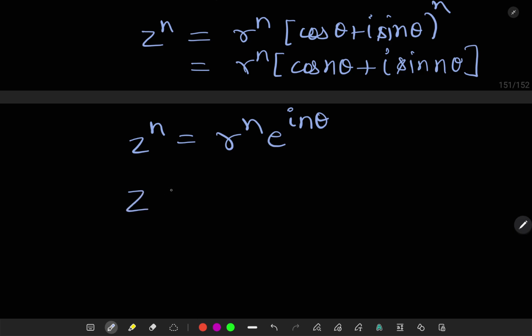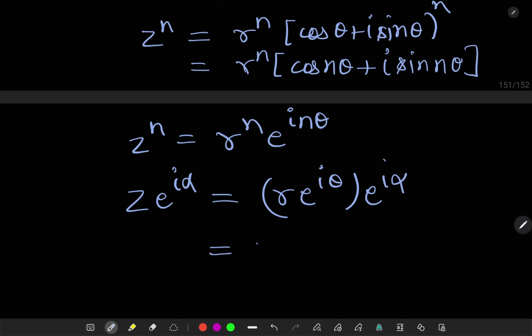If we multiply e raised to power iota alpha with z, we can write this, or we can write this.